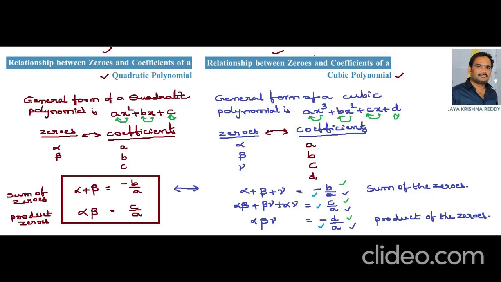In this way it is very easy to remember the formulas. These are the formulas for the relationship between the zeros and coefficients of the cubic polynomial. In a quadratic polynomial we have only two formulas, and in a cubic polynomial we have three formulas.